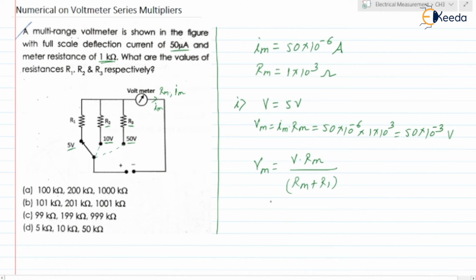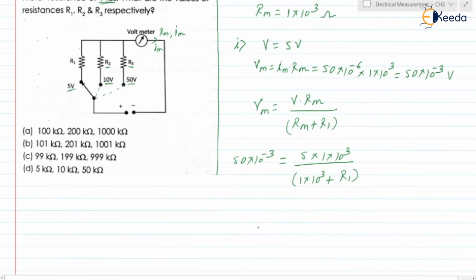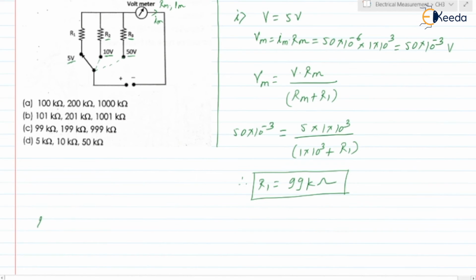So 50 into 10 to the power minus 3 is equal to V, 5 volt, into Rm, 1 into 10 to the power 3, divided by 1 into 10 to the power 3 plus R1. Now from this can we find R1? Yes, R1 is equal to 99 kilo ohm. This is R1.